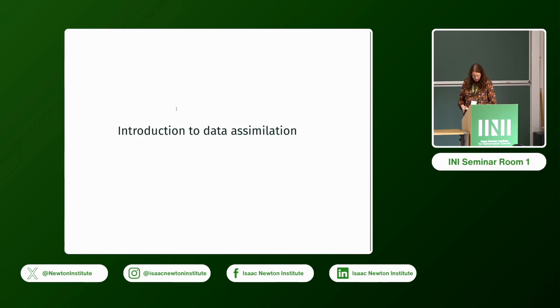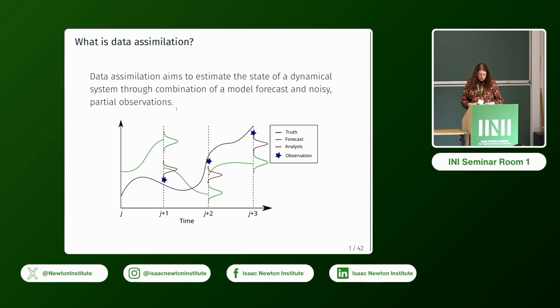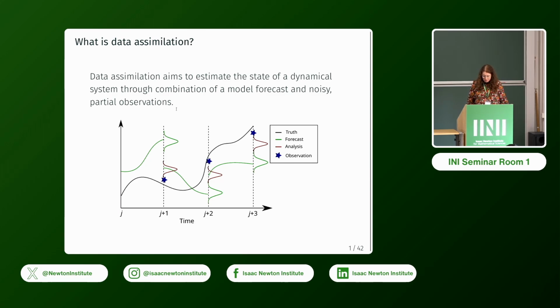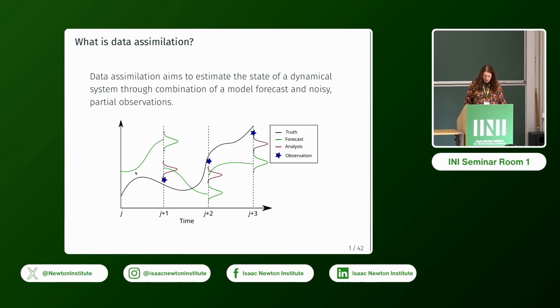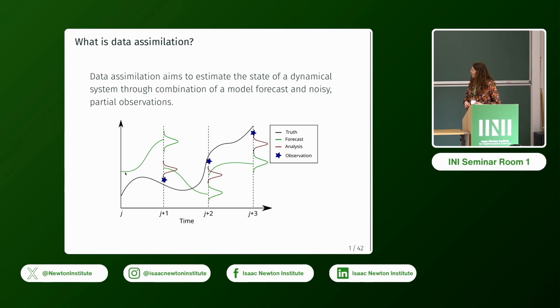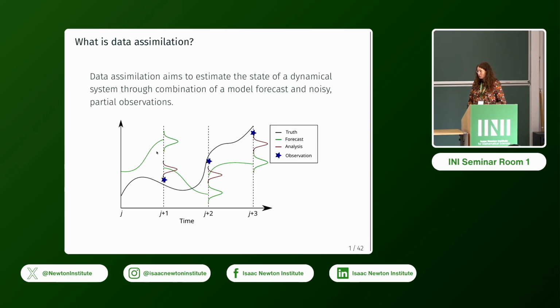Let me give a brief introduction to data assimilation. The basic idea is that we have some dynamical system that we'd like to track the state of. Here in black, let's say this is the true trajectory of the dynamical system evolving in time. We also have a forecast model in green, with some probability distribution over the forecast.